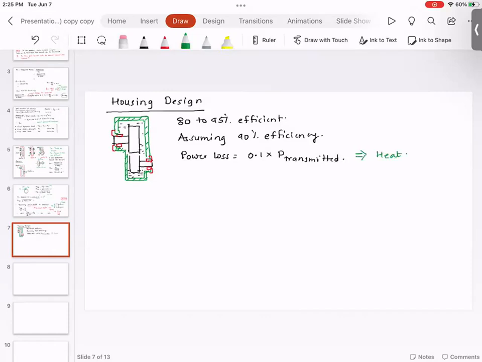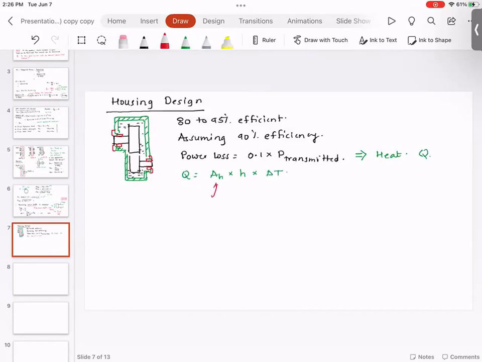And this heat needs to be dissipated by the housing. So this is Q. Q is equal to the area of housing multiplied by the heat transfer coefficient multiplied by the rise in the temperature.